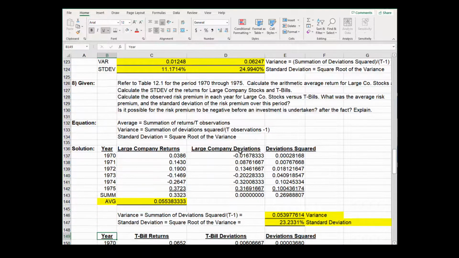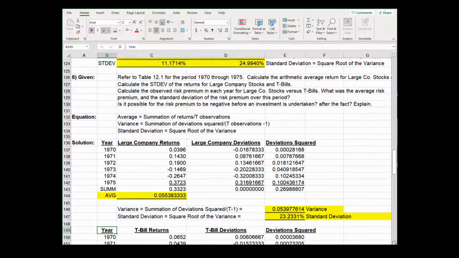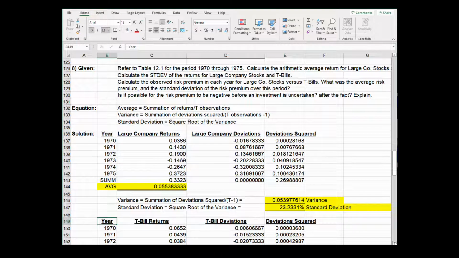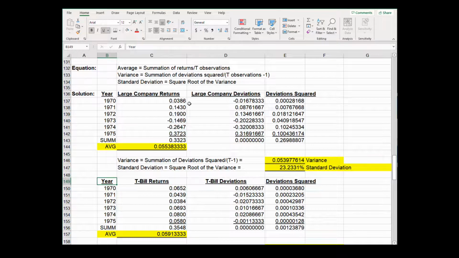And looking at number 8, we're going to again calculate standard deviations and variances. And we're also going to calculate that for large company stocks, T-bills, and the risk premium of those two instruments for the period 1970 through 1975. If you know history, you know that this was a period of high volatility and high T-bill rates.